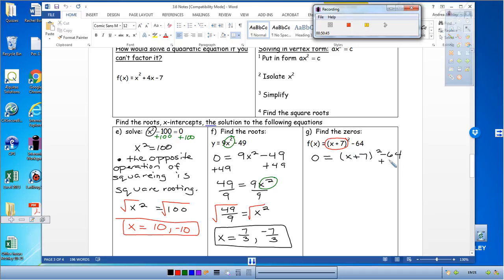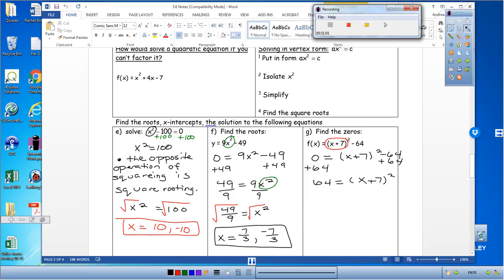So we have to add 64 to both sides. And I get 64 equals x plus 7 squared. Now I'm only left with the squared thing.